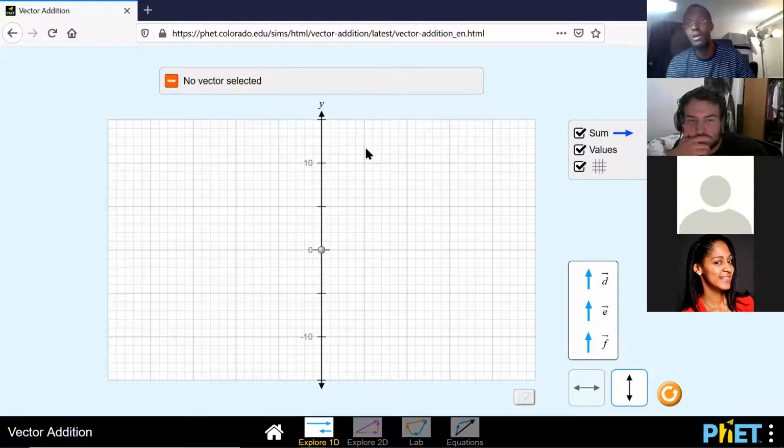Therefore, since we are allowed to move only up and down, we are still in one dimension. An example, and anybody can give me, there's a very good example that you all know about of vertical motion in just one dimension.